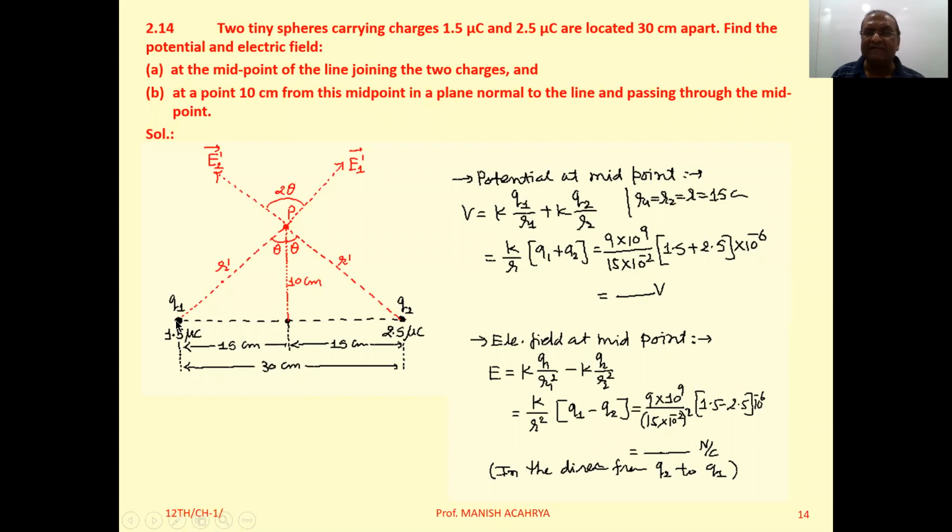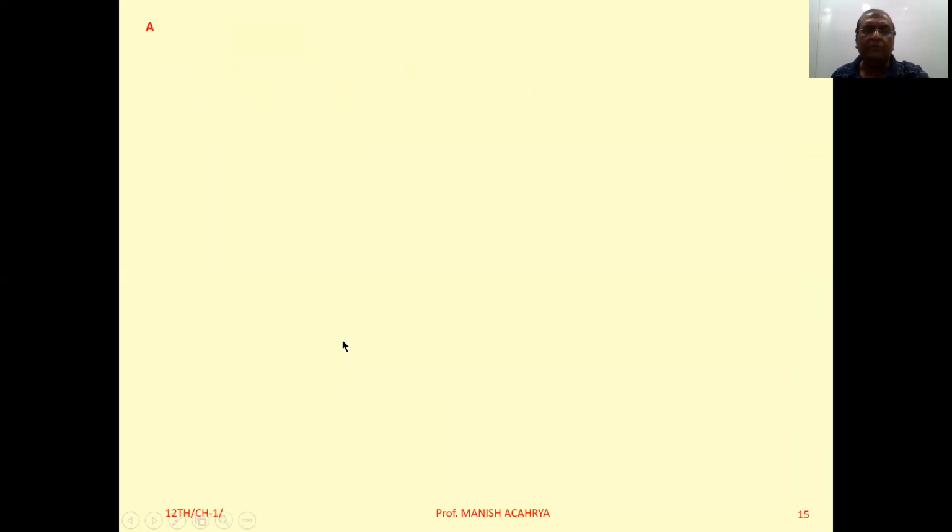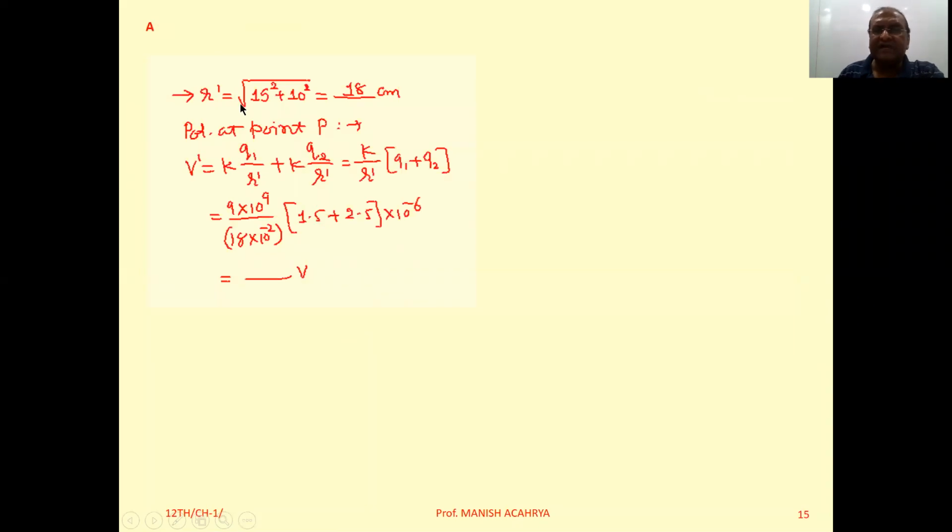Then from both the charges Q1 and Q2, the distance of point P will be the same, R dash. Now to find the potential at this point, first of all we have to find R dash. So using Pythagoras theorem, we can calculate R dash. R dash is under root 15 square plus 10 square, which comes to 18 centimeter.